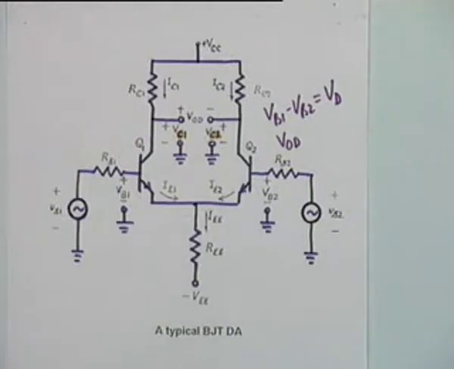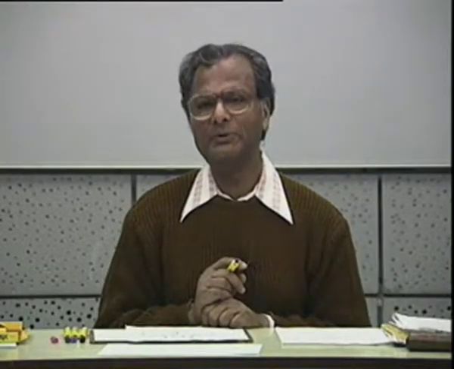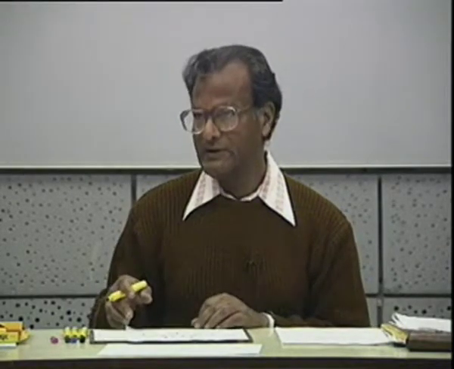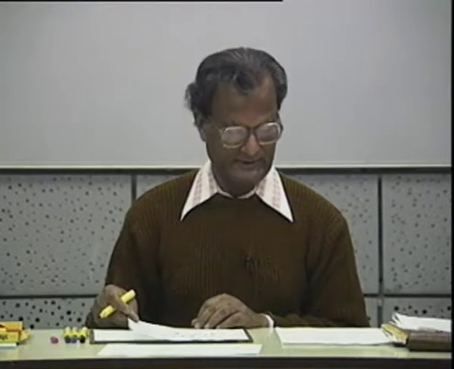transistor junction relationships, that is I sub C equal to I sub S exponential VBE by VT, where VT is the thermal voltage.